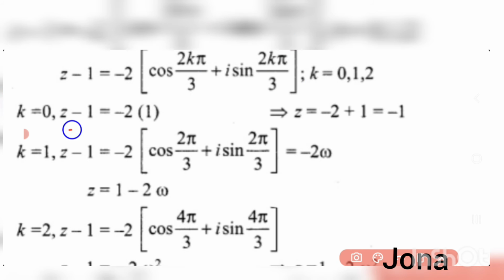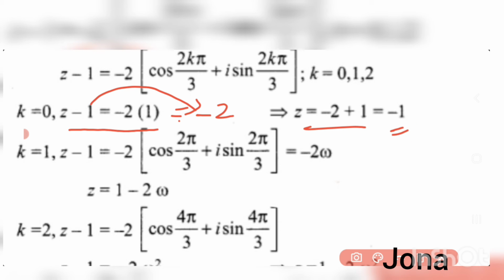Now z minus 1 equal to minus 2 into 1, which is minus 2. Take this minus 1 to the other side, it becomes plus 1. So we got z equal to minus 2 plus 1, that is minus 1. This is the root of the equation. We found the first root as minus 1.